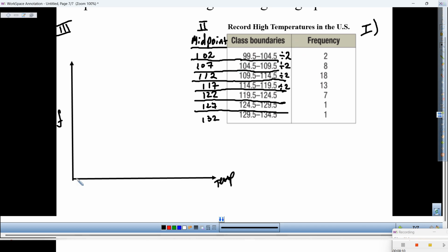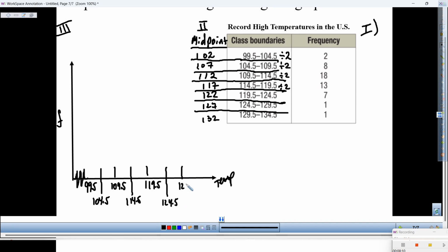99.5. That means here we're going to put the wiggles because there's nothing below 99.5, and then we start with 99.5. Next, 104.5. Next, 109.5. Next, 114.5. Next, 119.5. Next, 124.5.